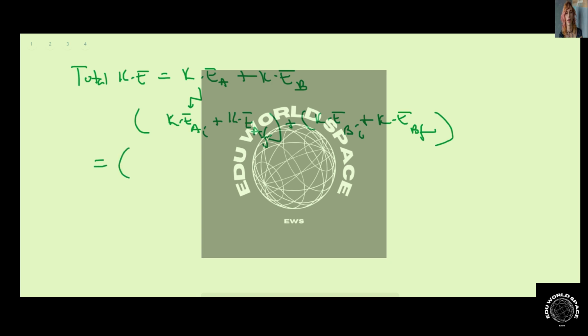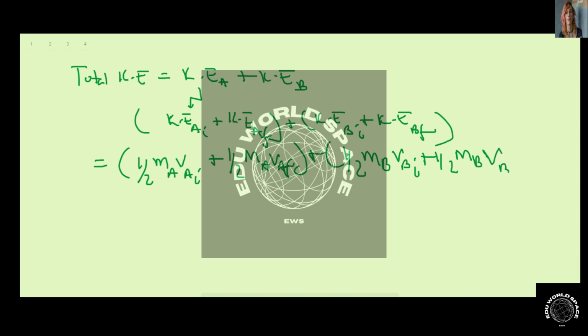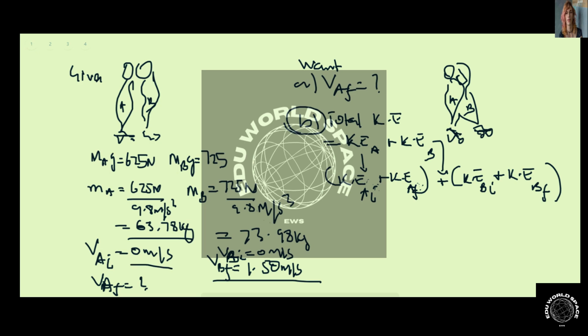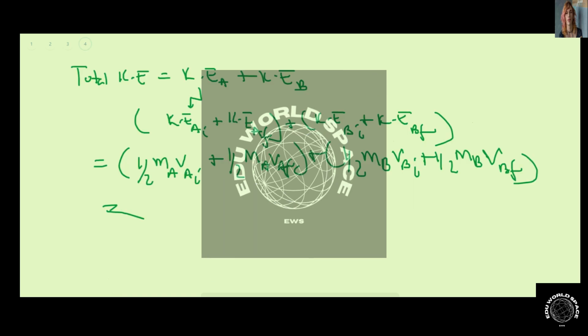And so the initial kinetic energy for A is 1/2 mass of A times the initial velocity of A squared, plus 1/2 mass of A times final velocity of A squared, and then plus 1/2 mass of B times initial velocity of B squared, plus 1/2 mass of B times final velocity of B squared. Remember, for both cases, the initial velocities were 0, so those terms are 0.